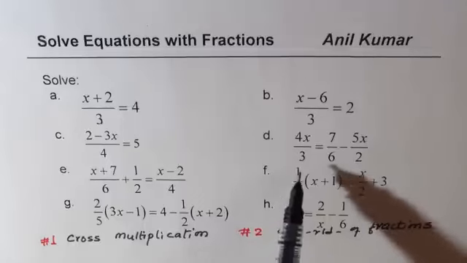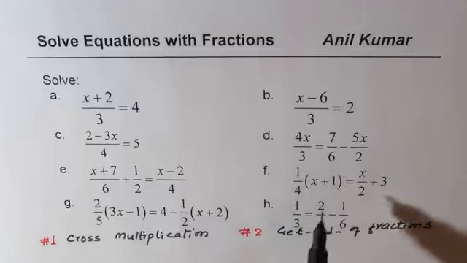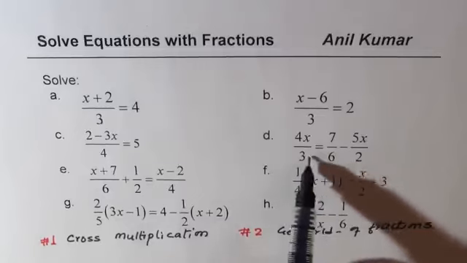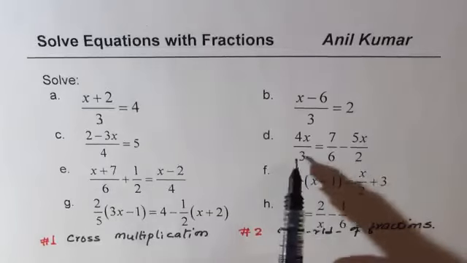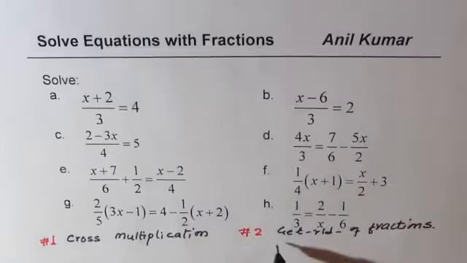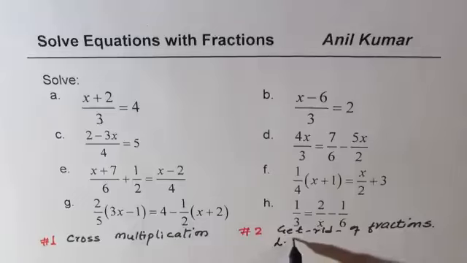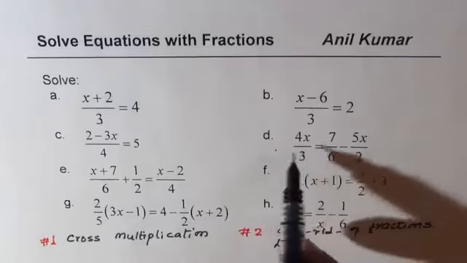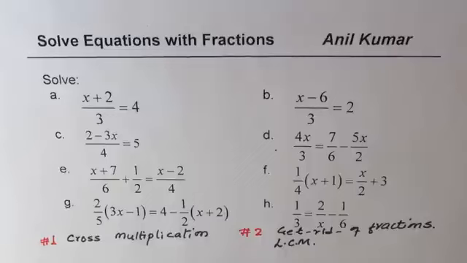Now sometimes what happens is we have different numbers, right? For example, here we have 3 terms. Here, how do we get rid of fractions? So in this case, we'll look for the LCM, lowest common multiple. We'll multiply both sides by lowest common multiple.